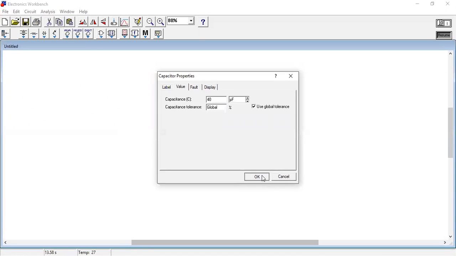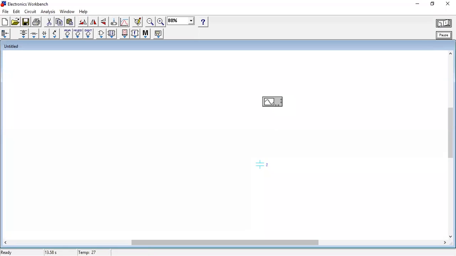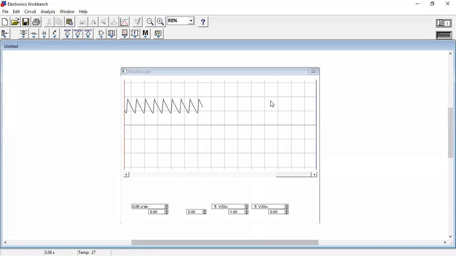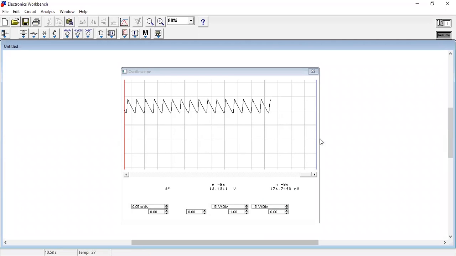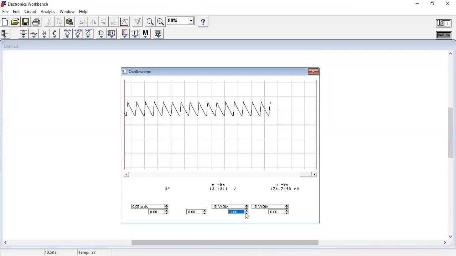One box belongs to 5 volts, so here one box, so the output voltage is 5 volts. Okay, I change the value to 60 microfarad.